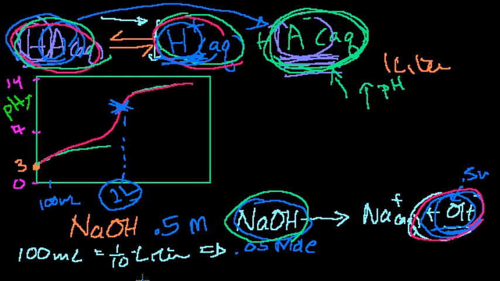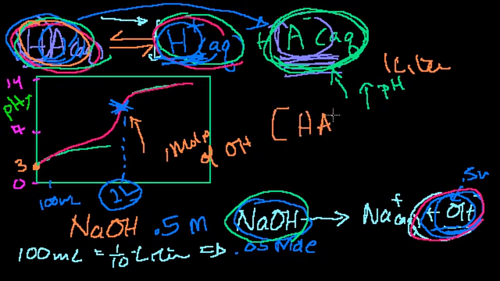So here you've added 1 mole of OH, and when you added 1 mole of OH, you sopped up all of whatever moles you had of this. So you clearly had 1 mole of that. So your original concentration of your HA plus your initial equilibrium hydrogen is equal to 1 molar.